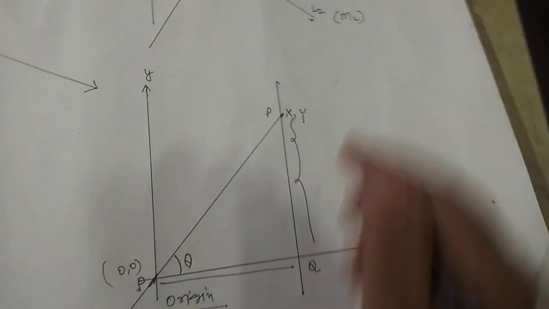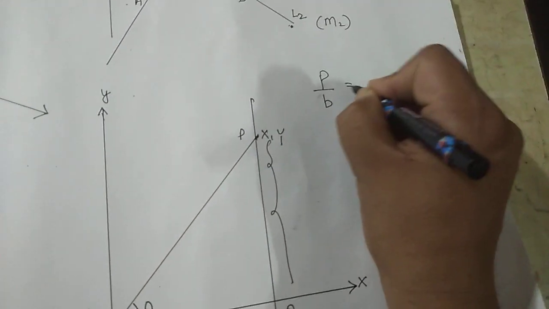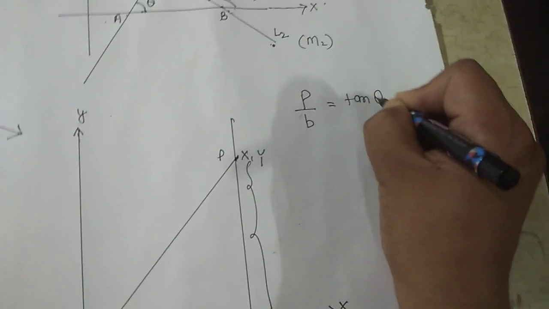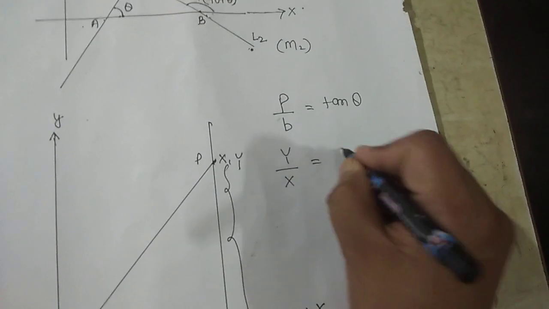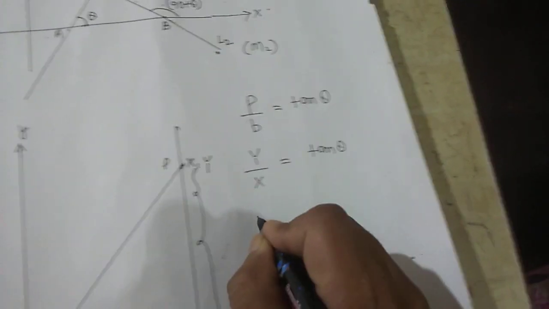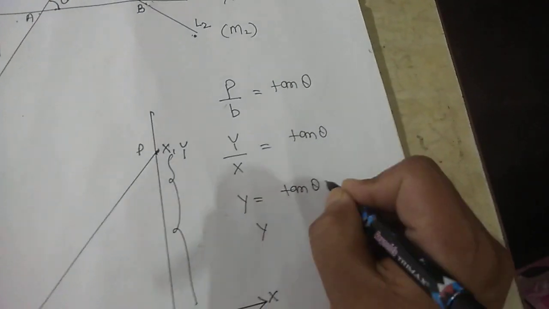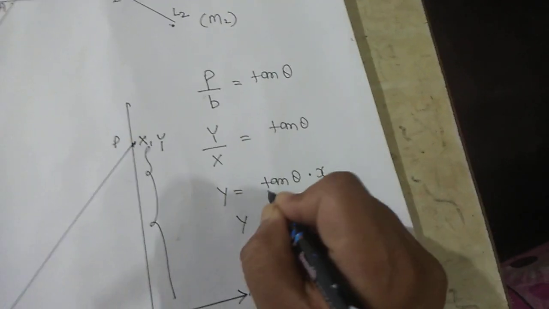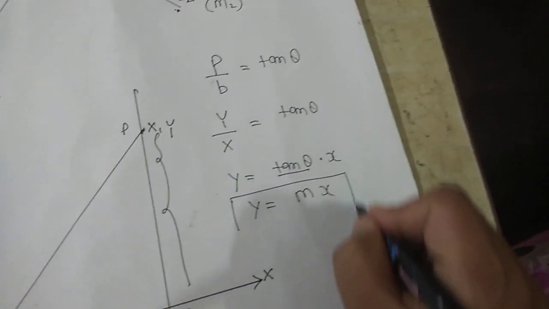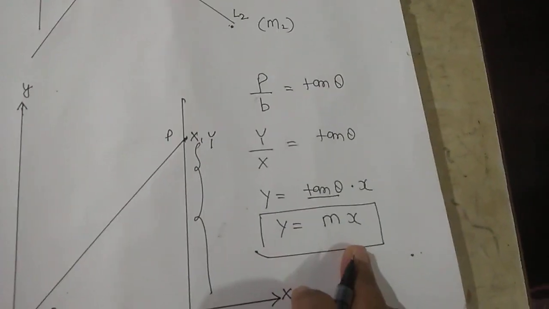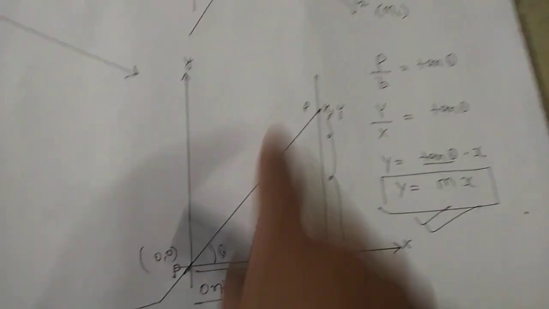So we have a relation: perpendicular by base is equal to tan theta. Perpendicular is y, so y upon x is equal to tan theta. So y equals tan theta into x, and tan theta is also known as m. So for the origin, the equation of the line is y equal to mx. How? With the help of this figure.